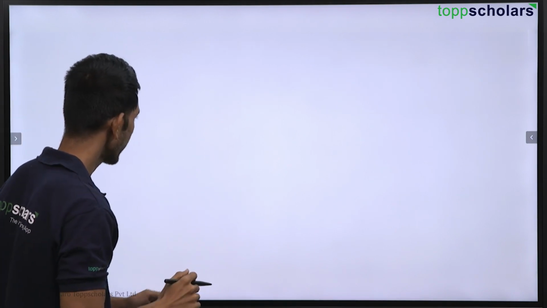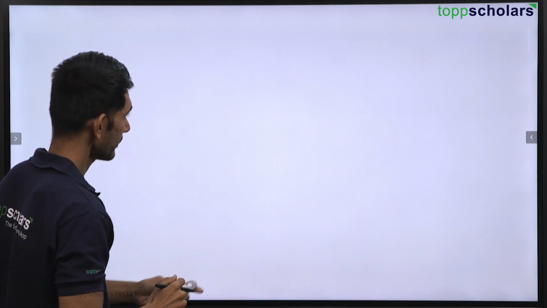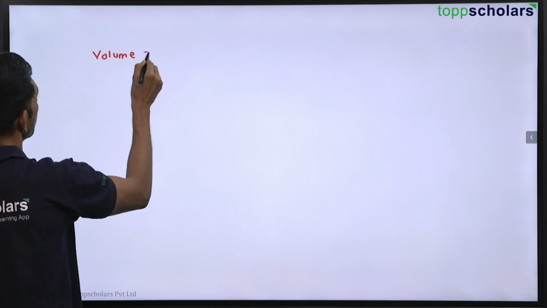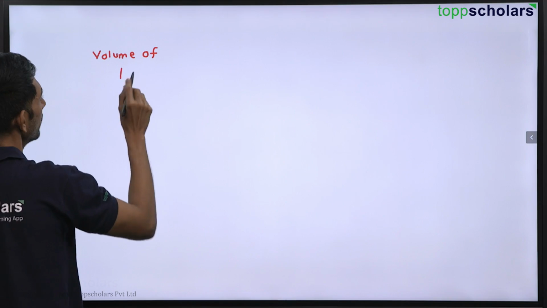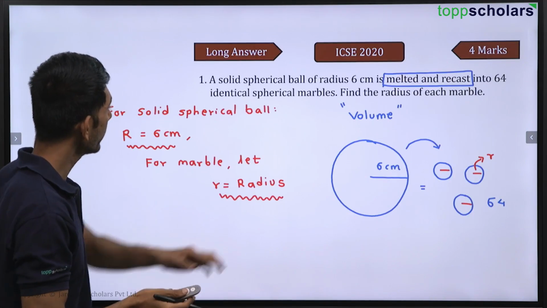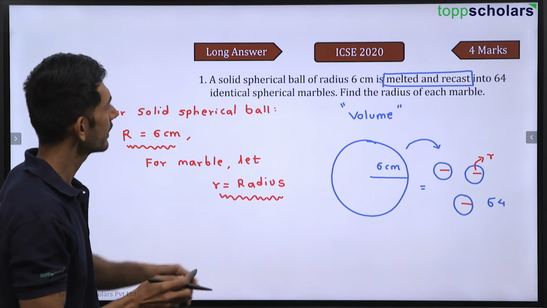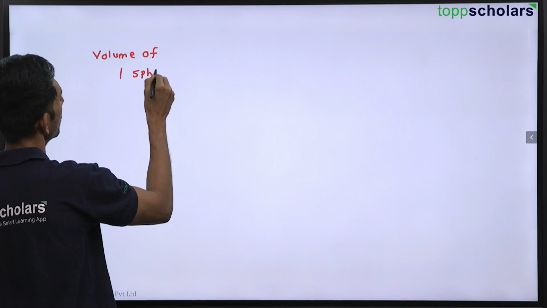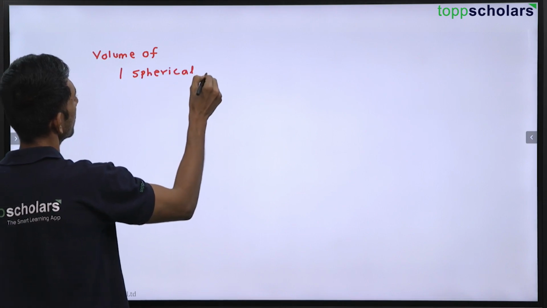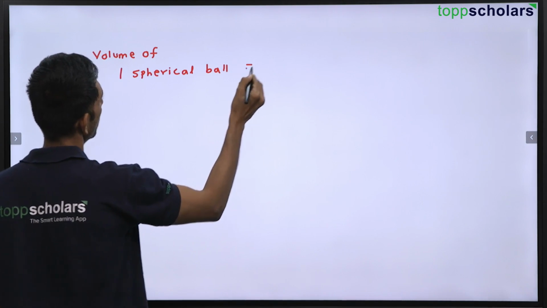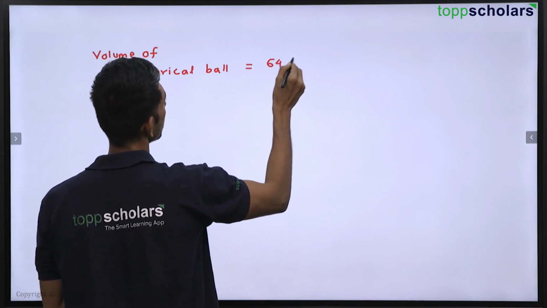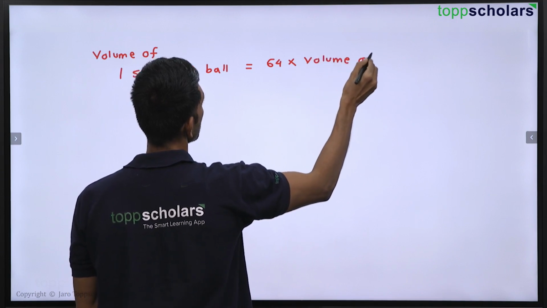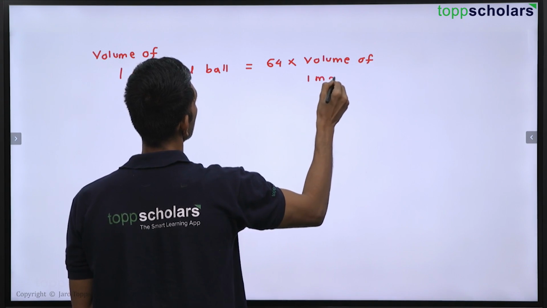So now understand, what we can do is, we can say that the volume of one big solid spherical ball is equal to 64 times the volume of one marble.